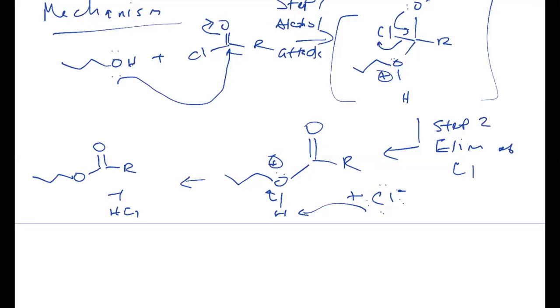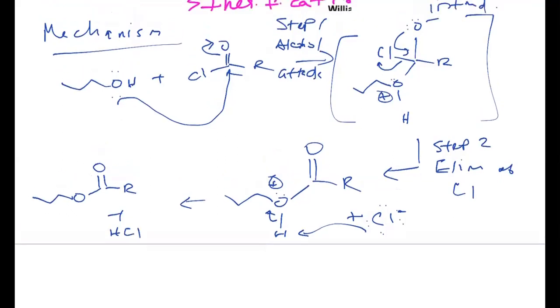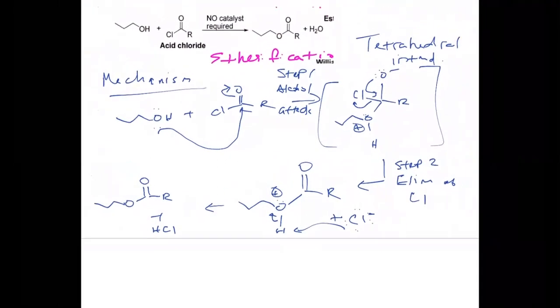I know on the handout, I'm going to fix that before I upload it actually. It says plus H2O, but there's no water lost here. So I'll fix that before I upload it to Blackboard in the course notes section. Any questions about the acid chloride mechanism?